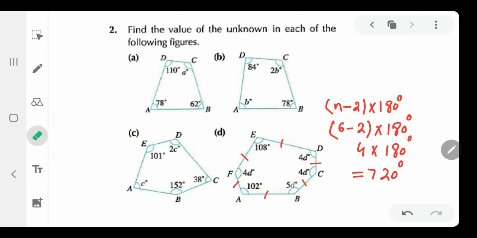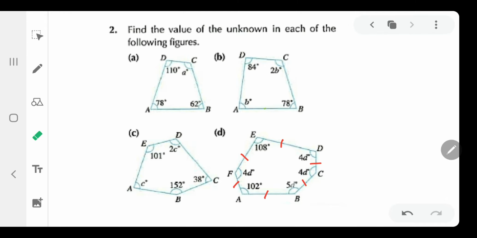So how do we find the value of D? Here I have to add those angles. Now we have 4D plus 4D, which means 8D, then 8 plus 5 is 13, plus 4, which is 17.